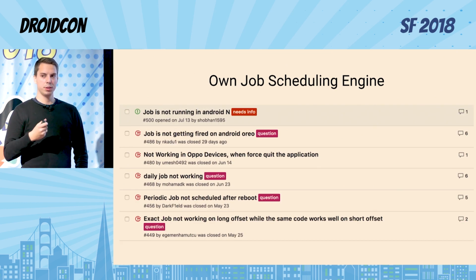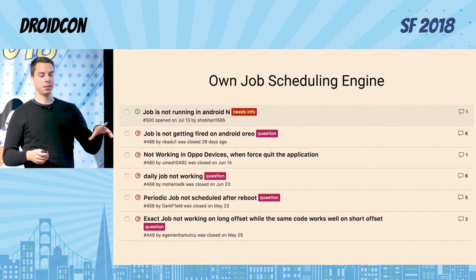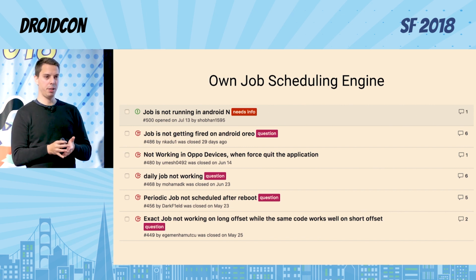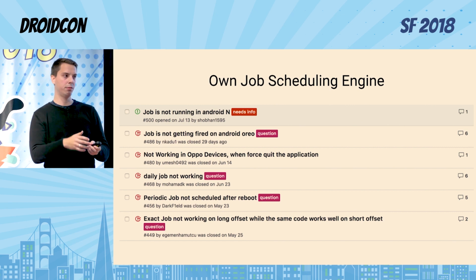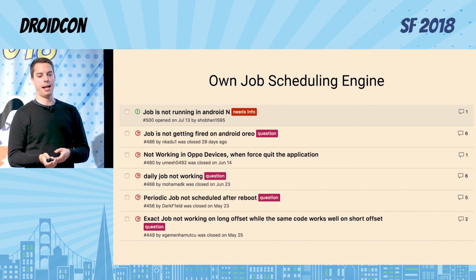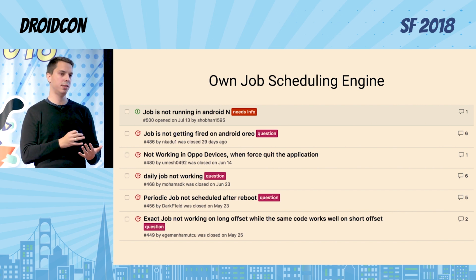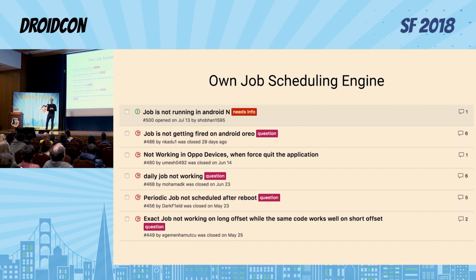One feature that I like most about WorkManager is that it comes with its own job scheduling engine. This is a screenshot of the issues inside of Android Job, and they have a common theme where people say, hey, I scheduled a job, it's running 2-3 times, but then it stops working. Why is this happening? And I don't have a clear answer to this because Android Job internally relies on the platform APIs, and they sometimes fail because they have bugs.